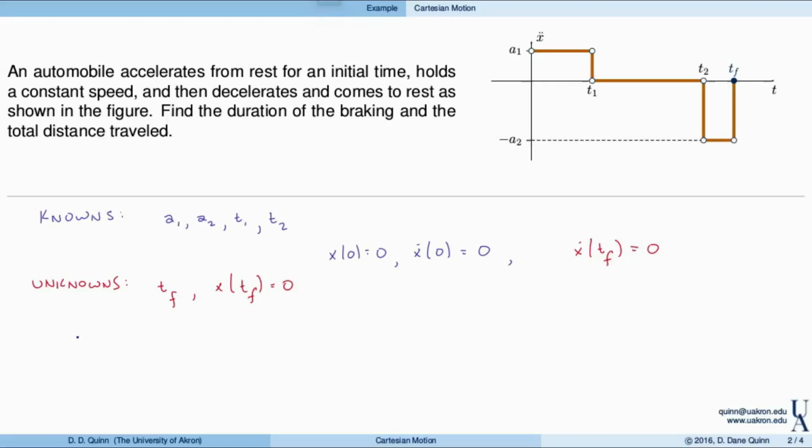So the general idea here is to integrate x double dot to find the velocity and the position. We want to integrate x double dot, which will give us x dot, and then x. We want to apply my conditions up here, and in particular, we want to apply the final velocity condition to solve for tf.